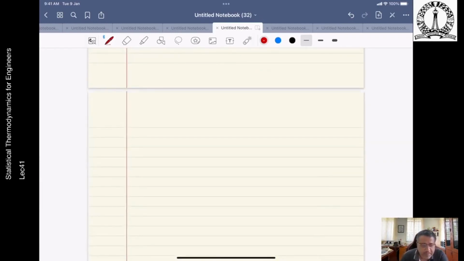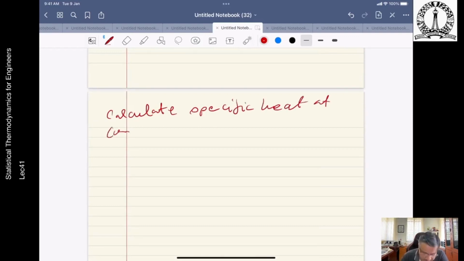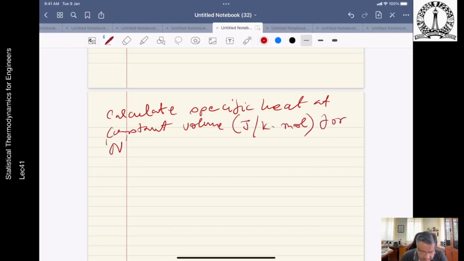Now if the problem is to calculate the specific heat at constant volume, in J per K mole, for nitrogen at 3000 Kelvin. The contribution to the specific heat at constant volume, Cv by R translational, is only 3 by 2.